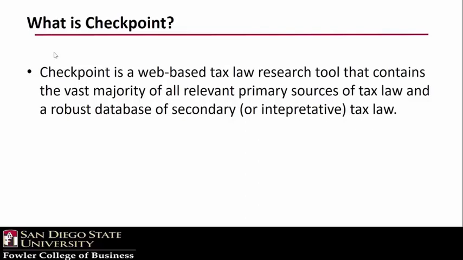So this is where you go when you're looking for authoritative guidance on tax law. It's not that Google isn't great. Google is great. But Checkpoint is up to date. It's current. It contains all the latest tax law changes, and it's just a wonderful tool for finding out what the tax law is. And it contains some things you can't find, even when you Google it.